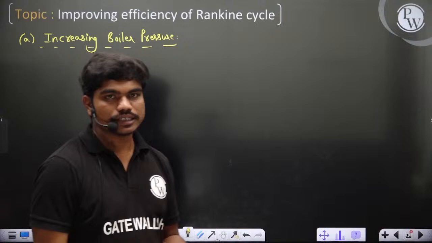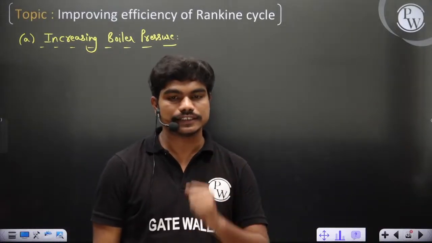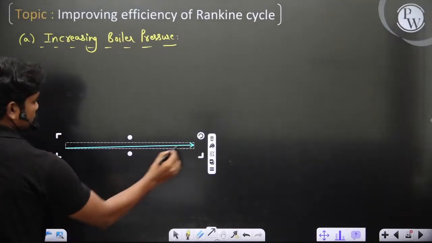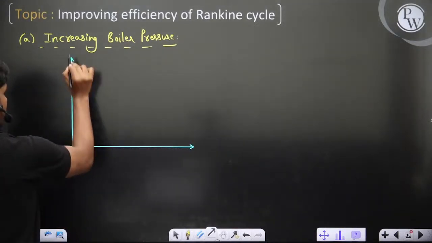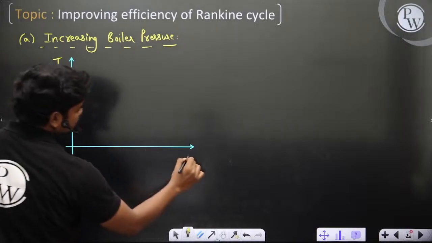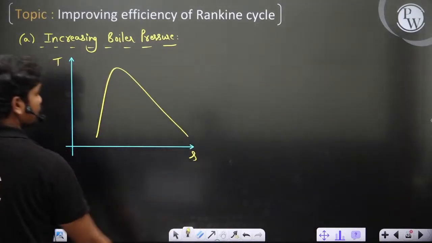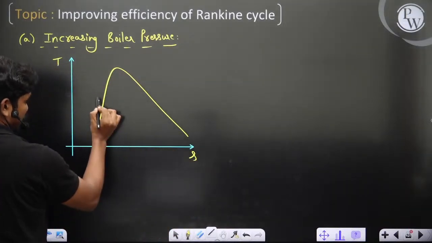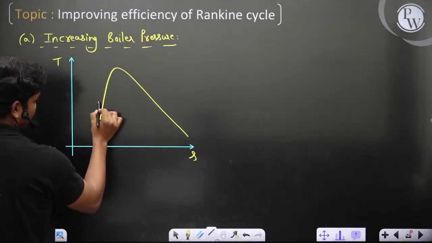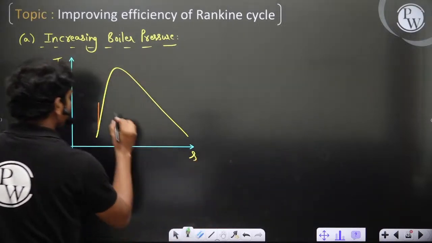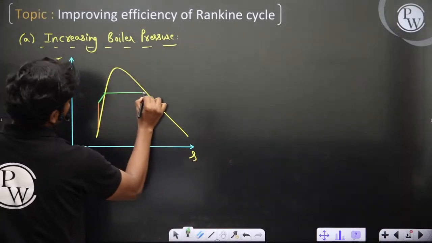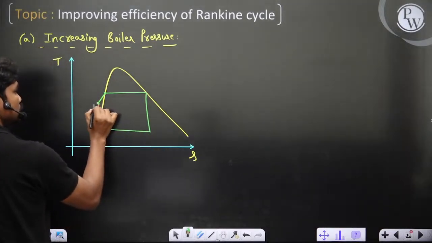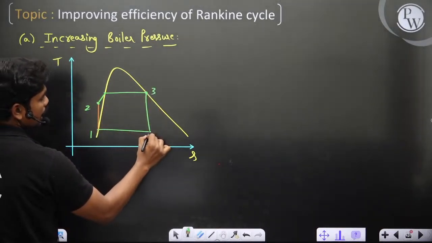If you increase this boiler pressure, how do you know that the thermal efficiency will increase? The reason is, see here. I'll show you with the help of a T-s diagram, temperature and specific entropy. If you have this cycle like this, let's say I am drawing two cycles. 1, 2, 3 and 4 actually.